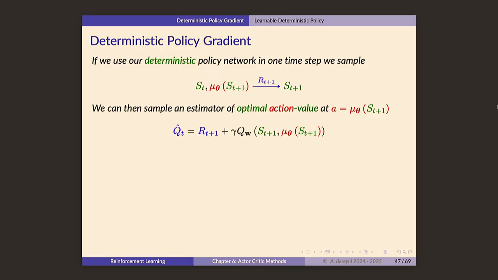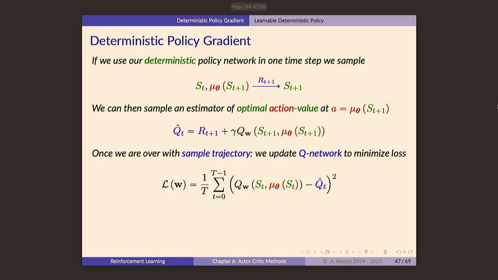I try to minimize the difference, and this way I can train my Q network. This was the same thing we did in Q learning. But in Q learning, since we did not have this policy network to give us the optimal action, we had to give the state to the Q network, look at all the values, and take the maximum one. But now we don't need that anymore. We get rid of that issue with continuous actions.